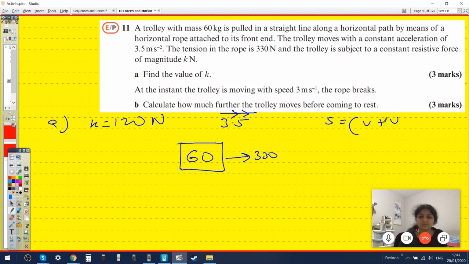U plus V over 2T. So that's one of the formulas if you know U, V, and T. 2T. Oh, okay. I thought it was over T.